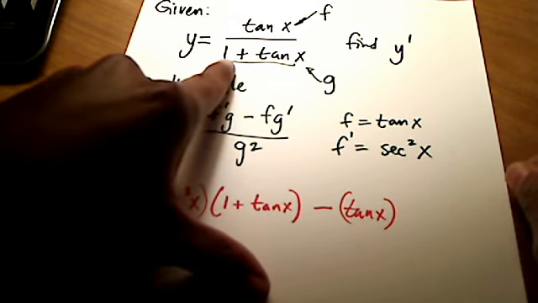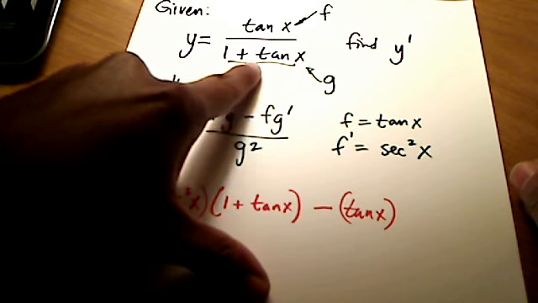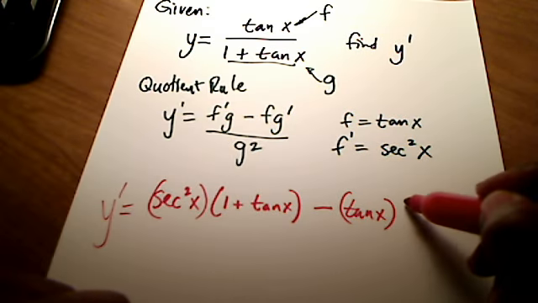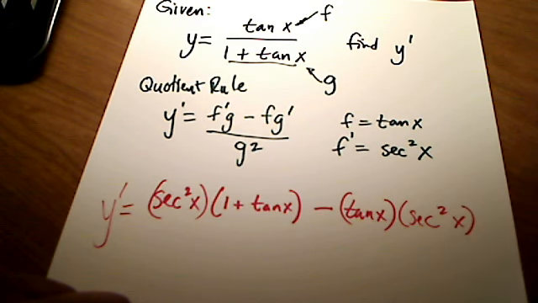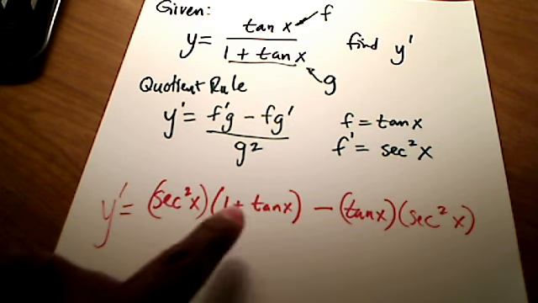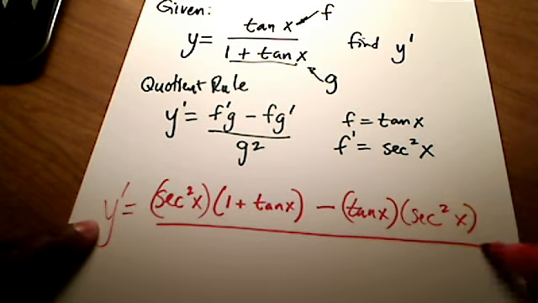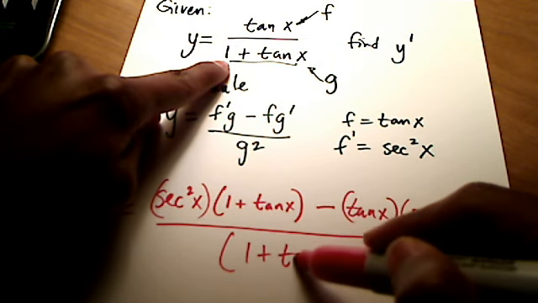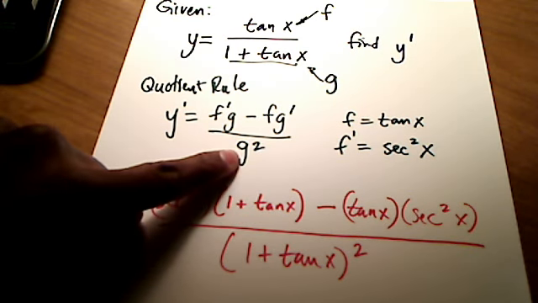This is just a polynomial, so the derivative of 1 is simply 0, I'm not even going to bother writing that, plus the derivative of tangent, which we know is secant squared x. So there's my f prime g minus f g prime, all over g, which is 1 plus tan x quantity squared, so it's all over my g squared.